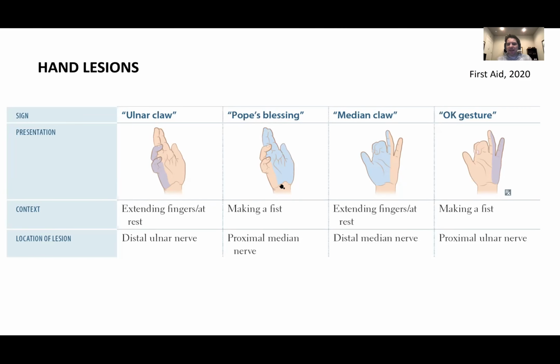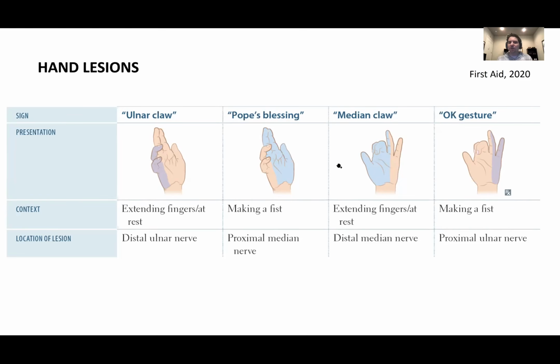Now, you also can say if the patient is trying to make a fist and they can't flex this outer aspect, the pinky and the ring finger, then you have some sort of injury to the ulnar nerve.